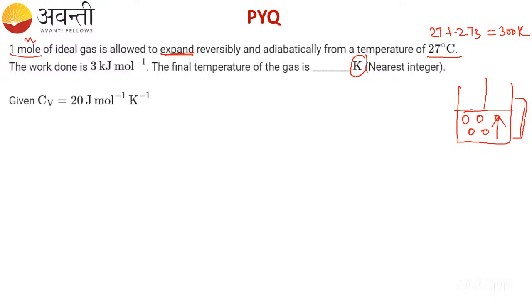So if the work is done by the gas, it will be minus 3000 joule per mole. Okay. So we have the work value, we have the T value.